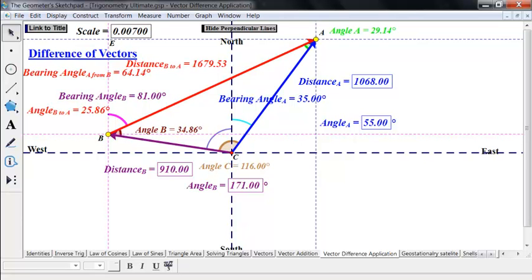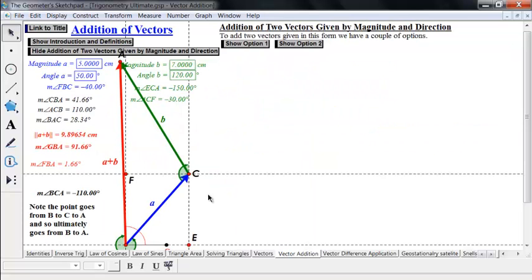So once again, just to review. If you want to add vectors, you start at an endpoint, go to the end with the first vector, from initial to terminal. Then the terminal point of the first vector becomes the initial point for the second vector. So this is composition of translations.